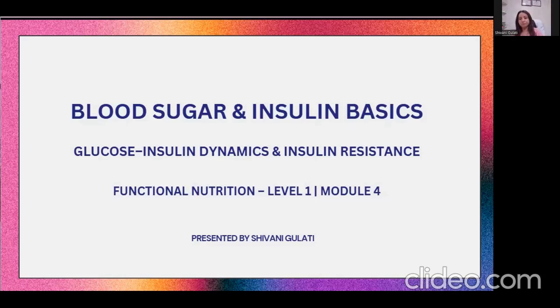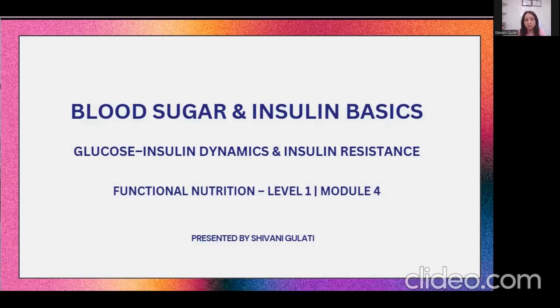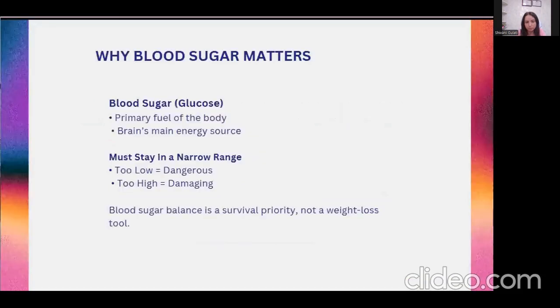The goal here is to build a foundation before we move to the advanced metabolic topics. This will help you in covering level 2 and level 3 also.